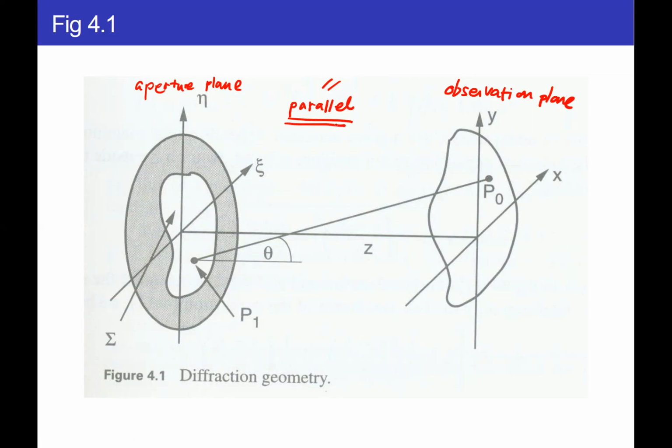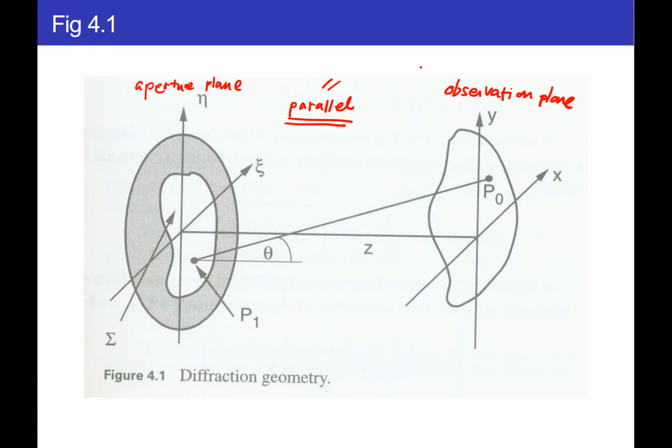In reality, like augmented realities or virtual realities or some other complicated imaging systems, this aperture plane or image plane and observation plane is not necessarily parallel to each other. And then we have to think about very complicated situations, but it is beyond our scope.